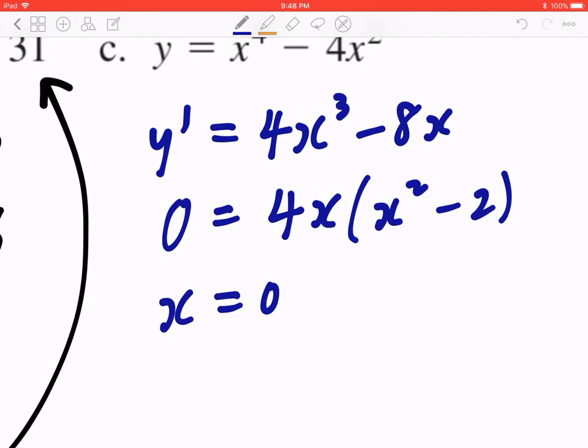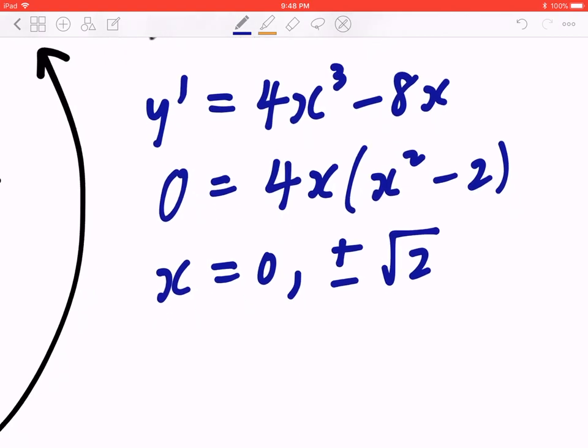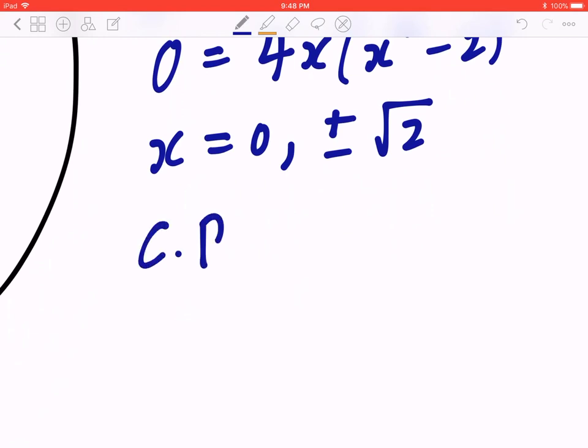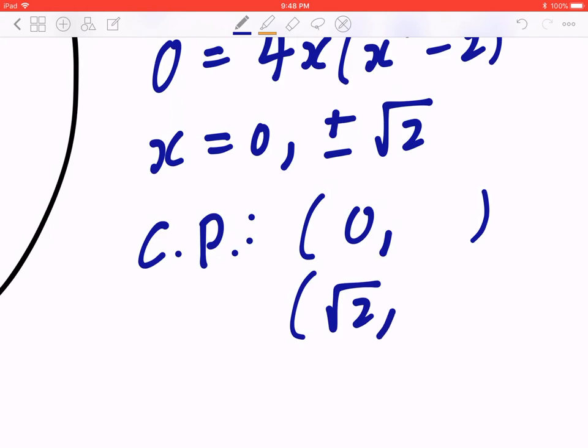This means x could be 0 and plus or minus root 2. Notice I'm going slightly faster. Make sure you're connected. And if you're not, go back and ask yourself, did you do enough homework? Again, form the habit of finding the actual points, not just the x values. Of course, instead of saying root 2, you can always round this to 1 decimal place.